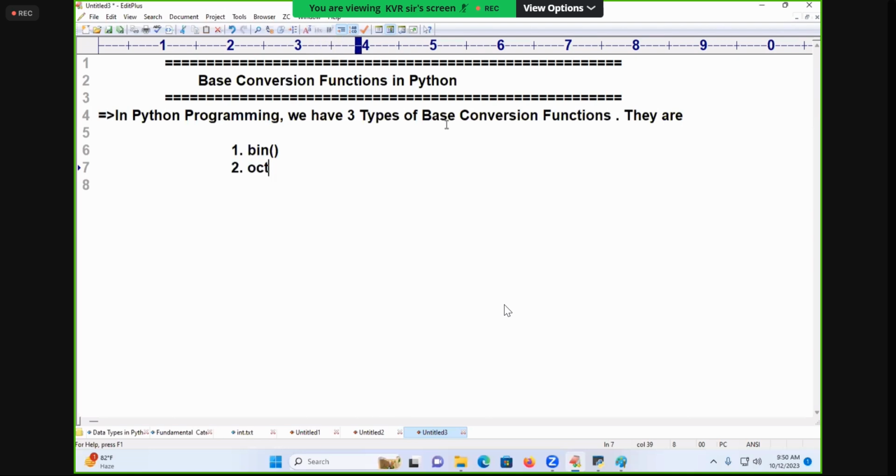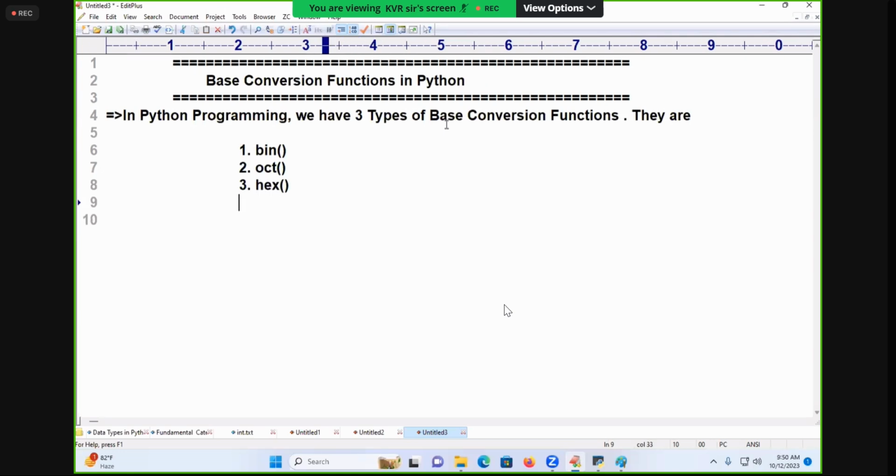Next is oct(). The third one is hex(). Why is there no dec()? Because decimal is the default number system. Every value is converted into which type? Decimal. There is no question of dec. Binary, octal, hexa: by default, they convert into decimal only. No need for any special functions for that conversion.